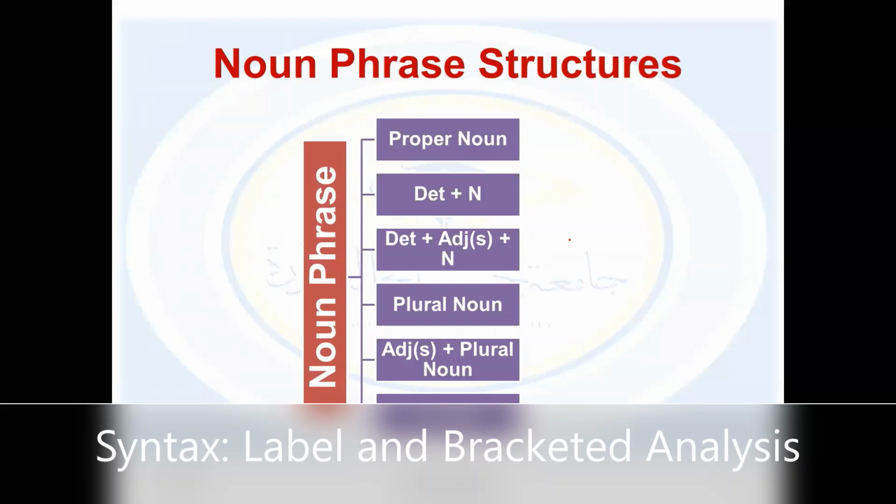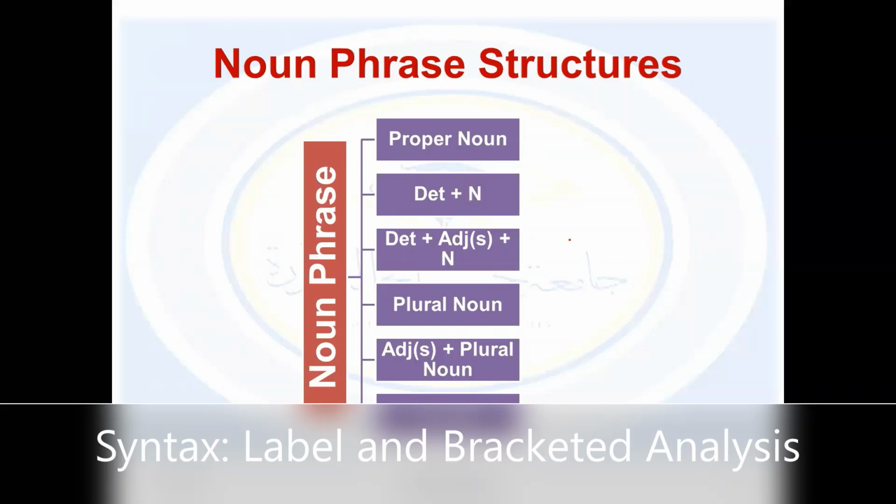When you say proper noun, here we mean a name of a person, Ahmed, Ali, Omar, or even Muna, Sarah, Samia, or a specific name for some place, such as Libya, Gulf of Sidra, Bin Jawad.